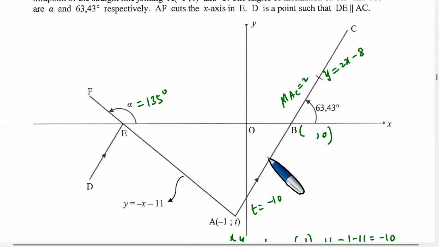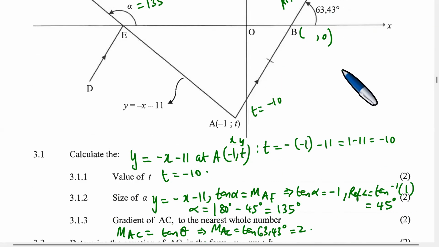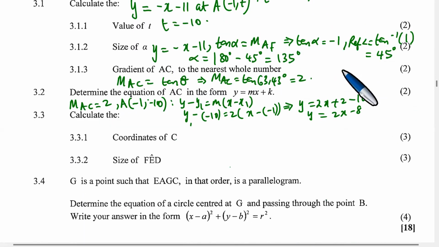So to find the coordinates of the point C, we use a couple of things. It is much easier to just find x at B, the x-intercept. That's what we're going to do first. The equation of AC you already know is 2x minus 8, and we find the x-intercept. So we say y is equal to 2x minus 8. How do we find the x-intercept?